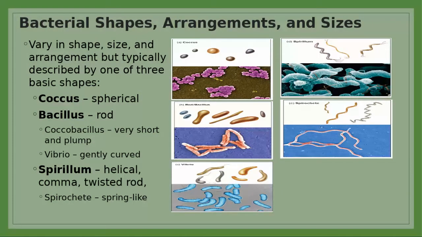Remember when we talk about shape, the shape over here is actually cell shape, which we have to see under the microscope. Don't be confused with the colony shape, because colony shape we are able to see with our naked eyes on the culture media, on the petri dish.